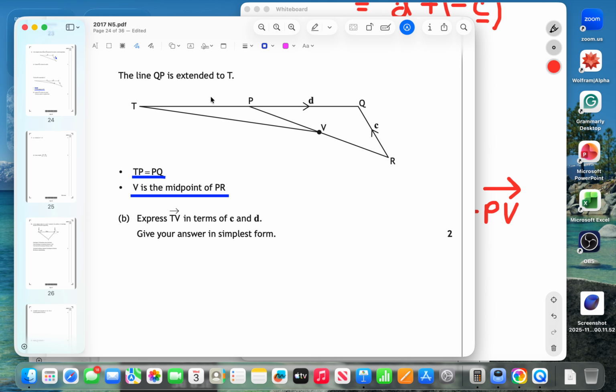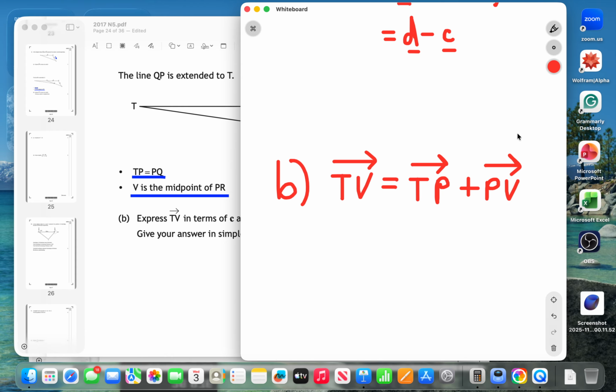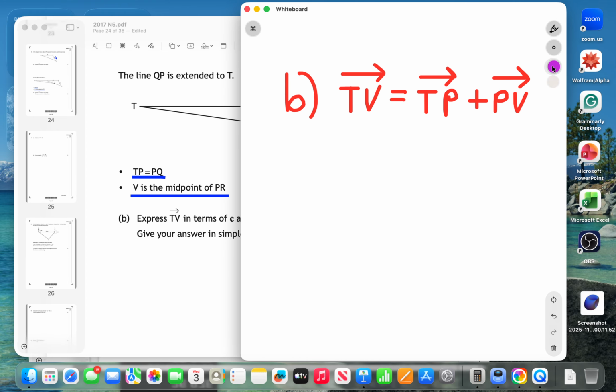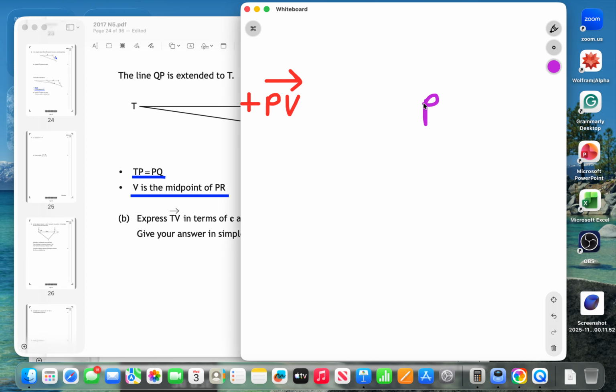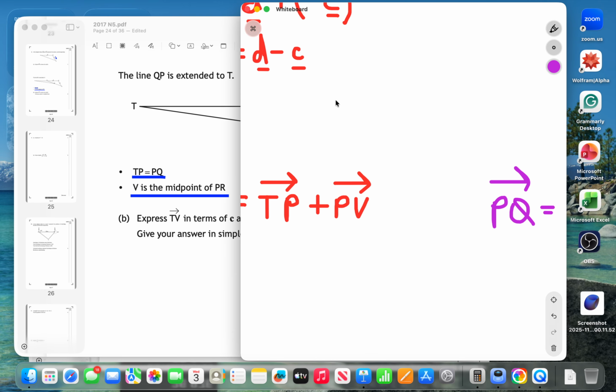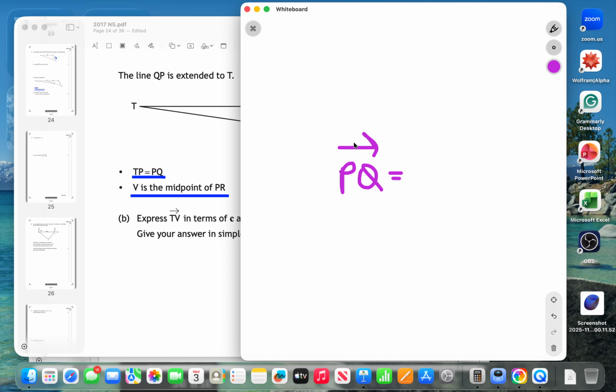We're not told what TP is in terms of C and D, but if you have a look, PQ is equal to D. Remember to underline vectors. PQ is D. So it says TP equals PQ, meaning that the magnitude or the length is the same.